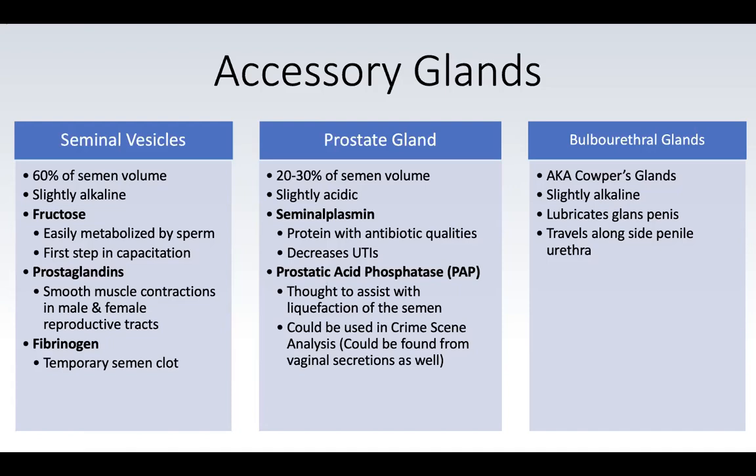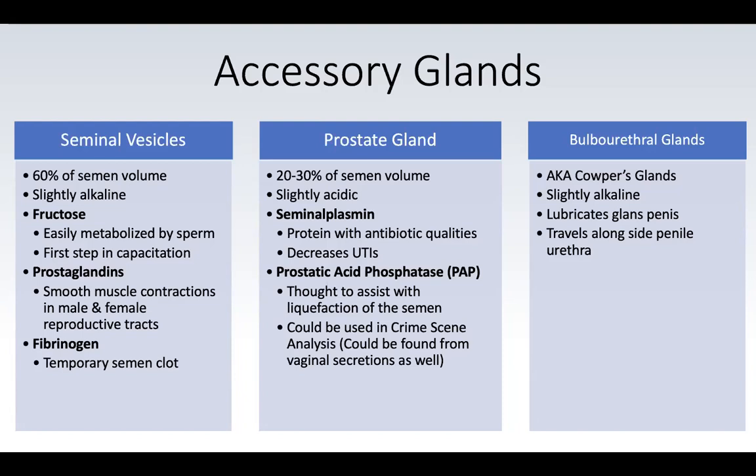This is what will help decrease UTIs in the male anatomy, which also explains why, other than sheer anatomy, when we consider the female reproductive system and how close the urethra is to the rectum when compared to the male urethra to the male rectum, the prostate gland makes seminal plasmin, which confers some protection against UTI for the male.